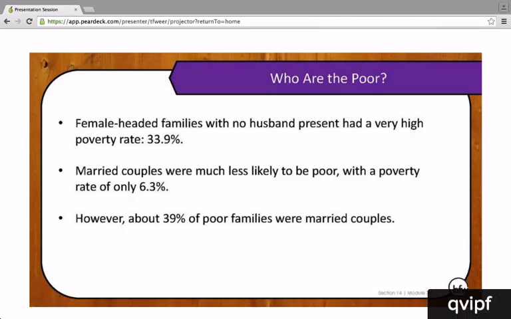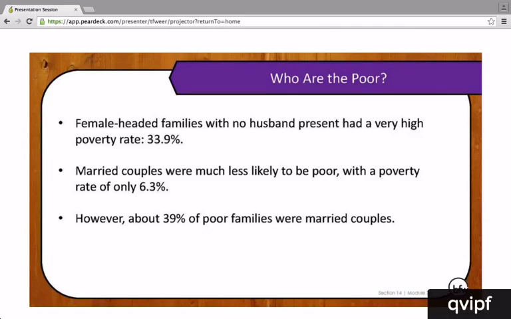You can see here that I mentioned that female-headed households, with no husband present, are much more likely to be poor. And compare that with married couples, who are much less likely to be poor. A married couple only has a poverty rate of 6.3%. However, it is interesting to note that about 39% of all poor families were married couples.